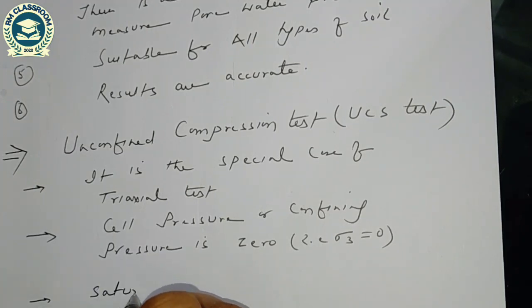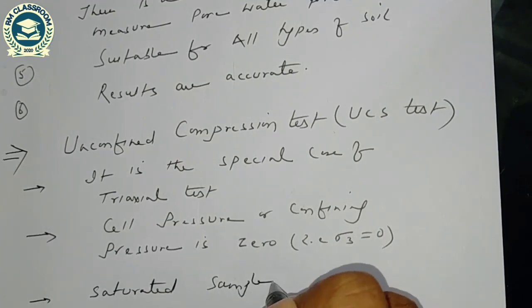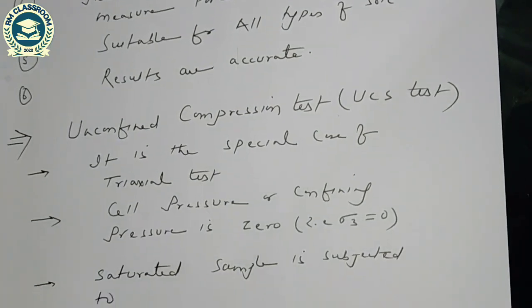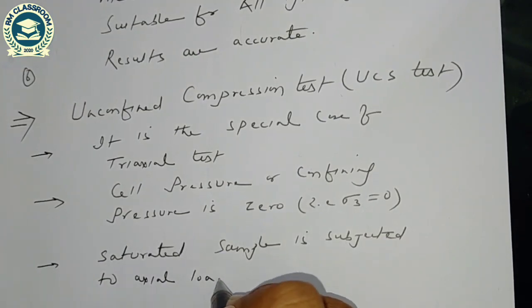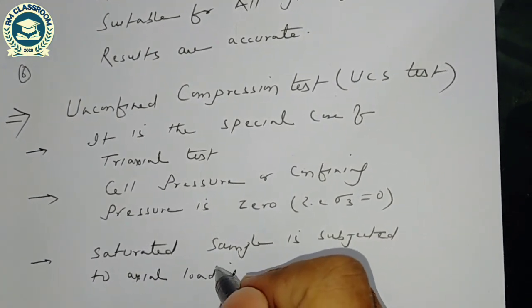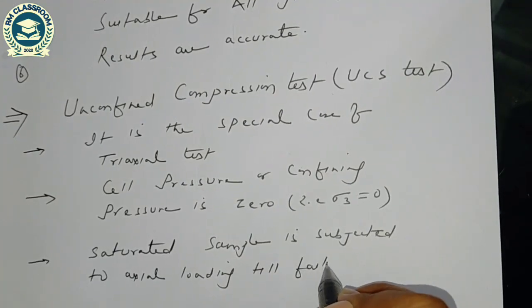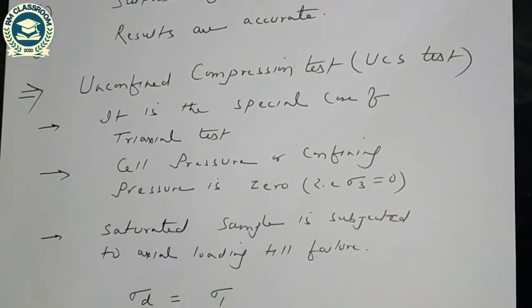Saturated sample is subjected to axial loading till failure. Means sigma d is equal to sigma 1, because sigma 3 is 0.